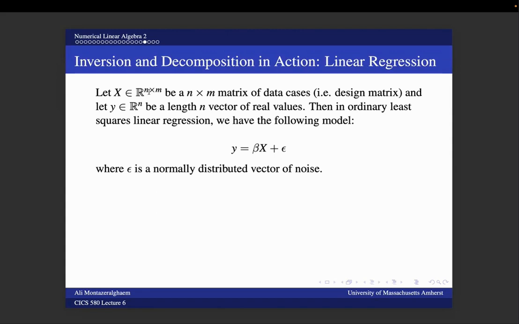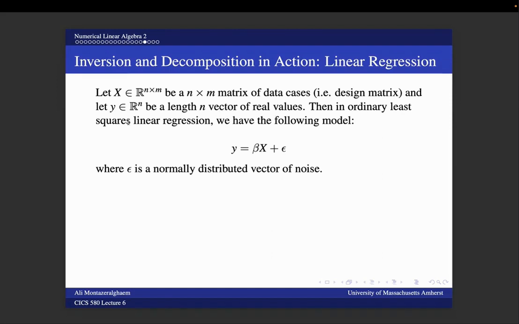So n can be considered as the number of data points that we have, and p is the number of features in the design matrix. And y has length n, which is a vector of real values, one for each data point.